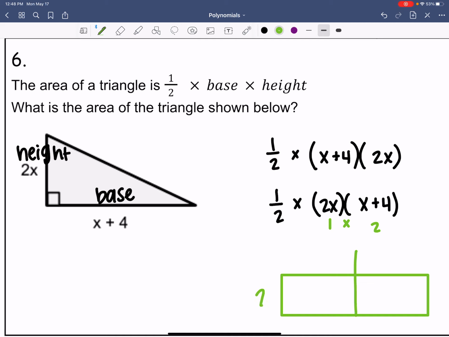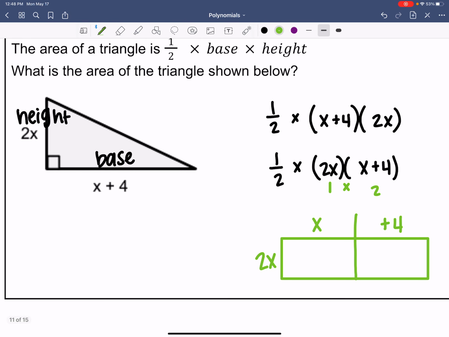So I'm going to put 2x on the left and then x plus 4 on top. And now we multiply. 2x times x is 2x squared, and 2x times 4 is 8x. Now, that's all we got for the base times the height.